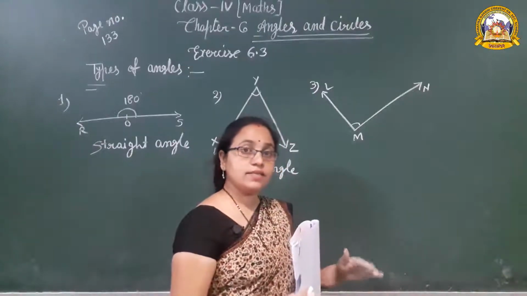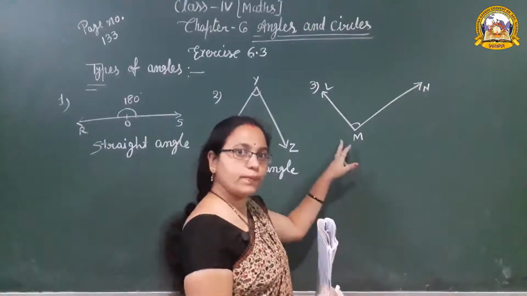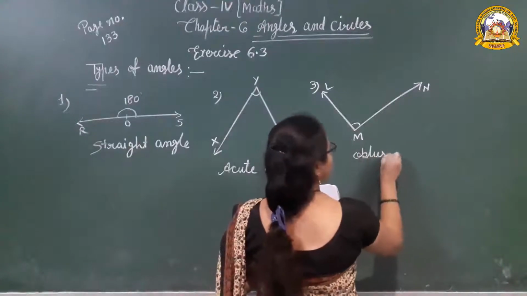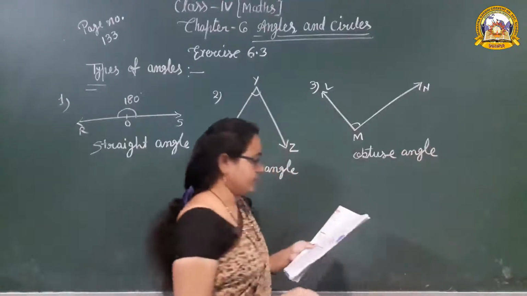An angle that is more than 90 and less than 180 degree is known as the obtuse angle. So it is an obtuse angle.